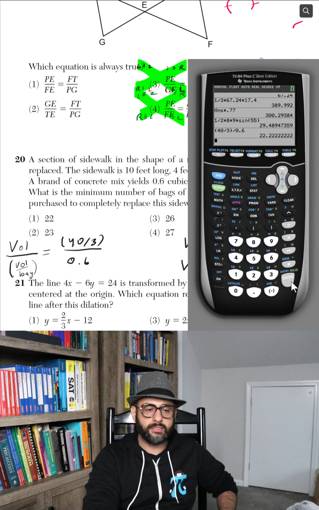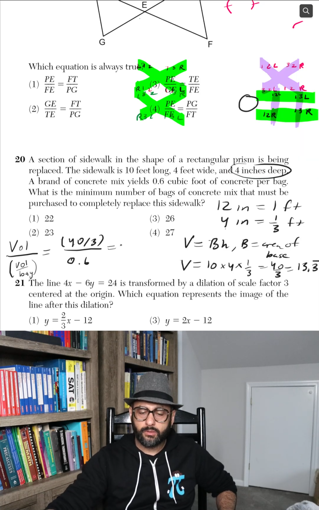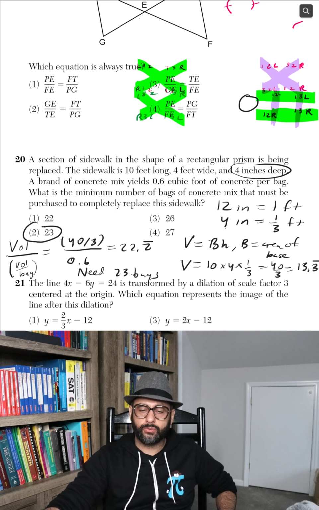And I get 22.2 repeating. Well, I do need to purchase enough bags to fill that extra 0.2. So I do need to purchase another bag. So I need 23 bags, which is choice 2.